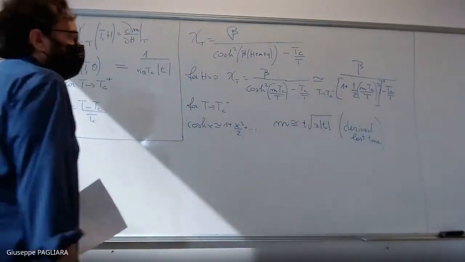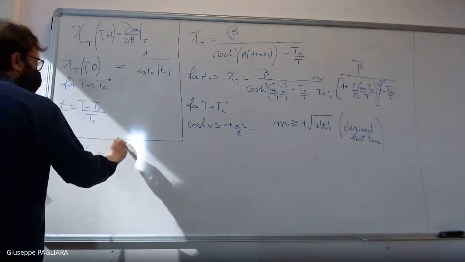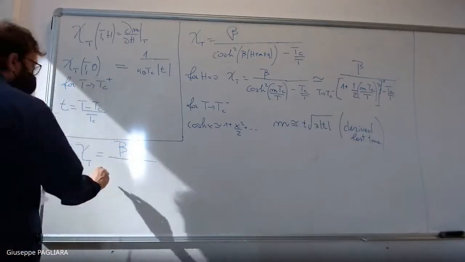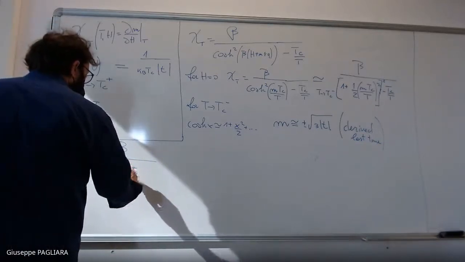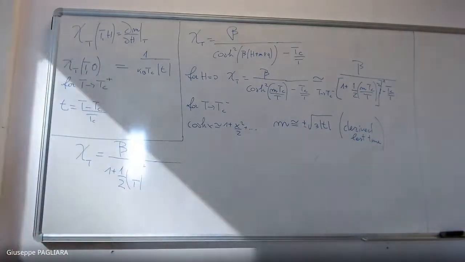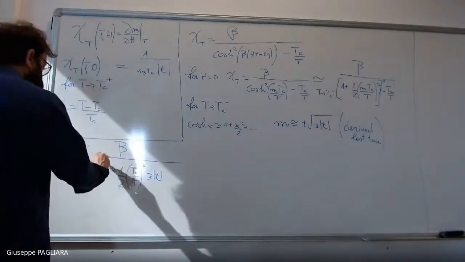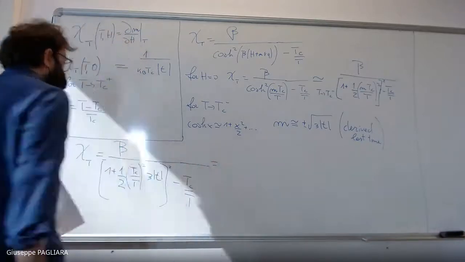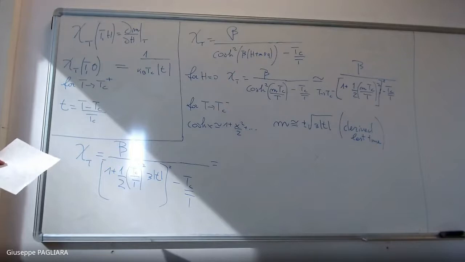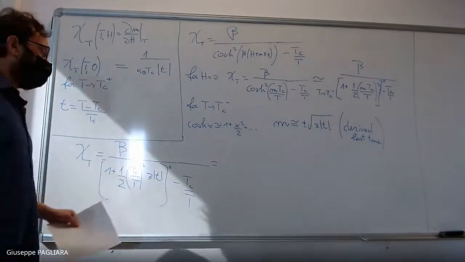Okay, so now we introduce this expression there, and basically it's a matter of doing the calculation. So chi t equal to beta. We have here 1 plus 1 half, and here m Tc divided by T. This is squared, so we have Tc divided by T squared times m squared, which means 3t, and everything is squared, minus Tc divided by T. Now, okay, since t is small, we can neglect the second order in t.